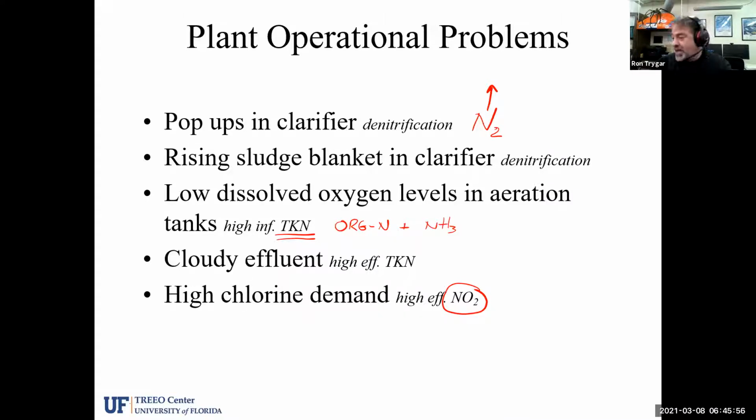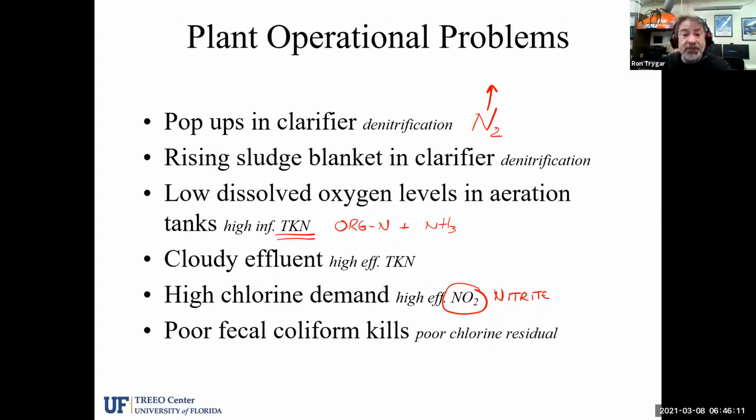Nitrite, with an I, is the form of nitrogen that we really want to pay attention to with respect to chlorine demand. So if we have a high chlorine demand and we have nitrite in the effluent, then it stands to reason that we could have poor fecal coliform kills. If chlorine is being used up to force nitrite to become nitrate, then we end up with a potential for poor fecal coliform kills because we can't keep a chlorine residual.